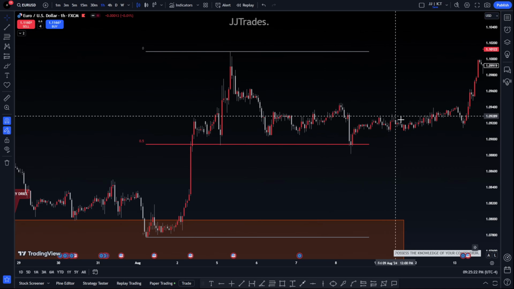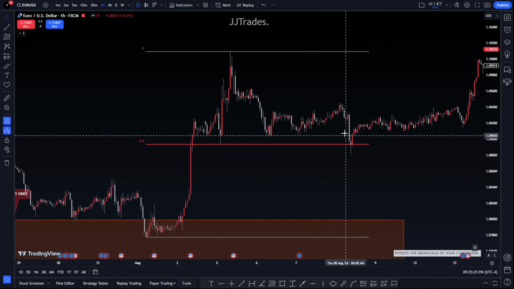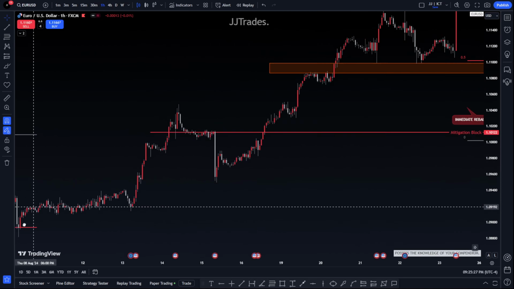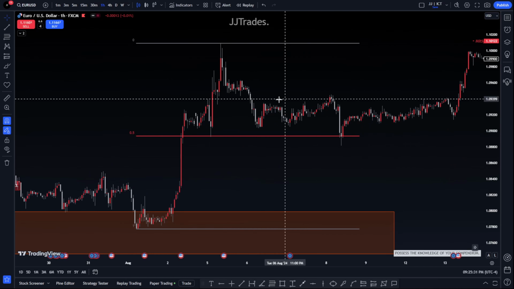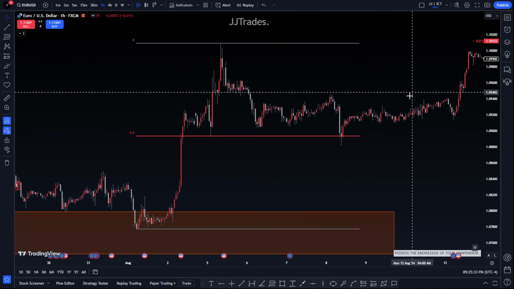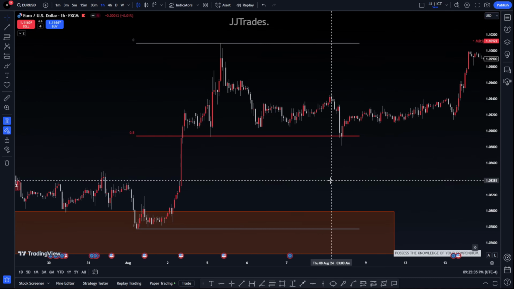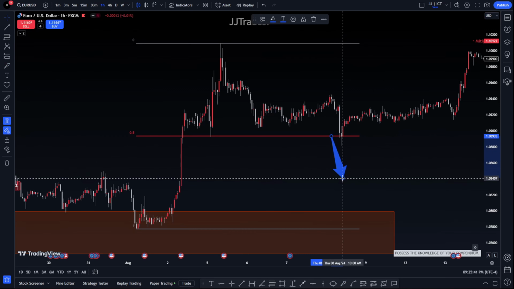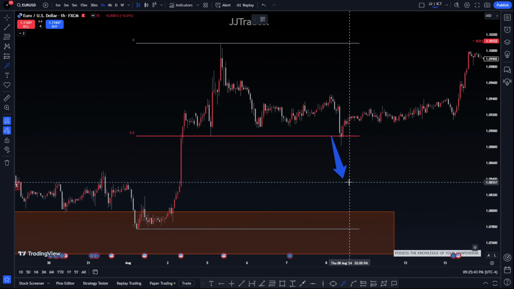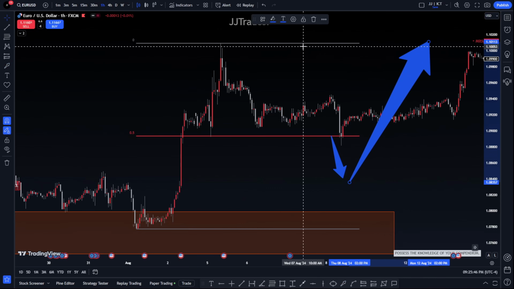Or we want to see a continuation: it has to respect the equilibrium, or come down into it, and then head higher. Did it head higher? Yes, it did. Or if we want to see it go higher, you can see it come below the equilibrium and then come back up. It didn't go too much below it, but it could have gone a little bit lower, probably down there, and then headed back up. But it didn't do that, did it?